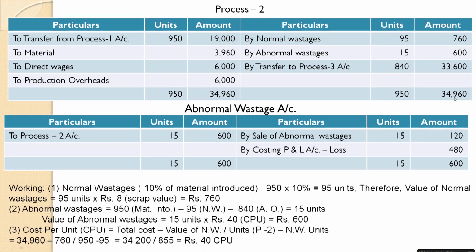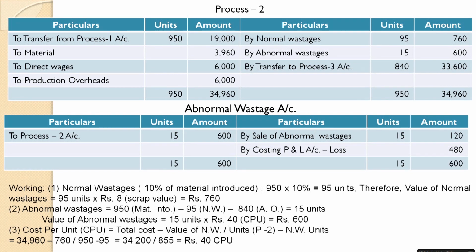So errors are to be determined if the total does not remain the same, but here the total remains the same. So, that means the value we determined for the actual output is perfectly okay. So, this is the way we determined the transfer to the process 3. Now, this is what we found out in the process 2 account here.